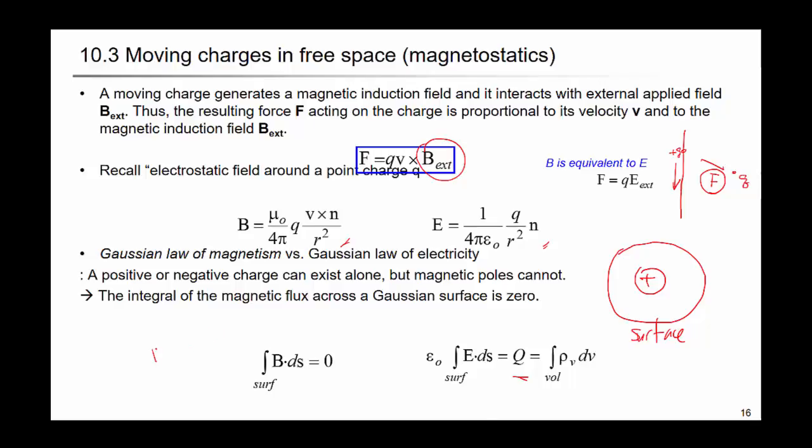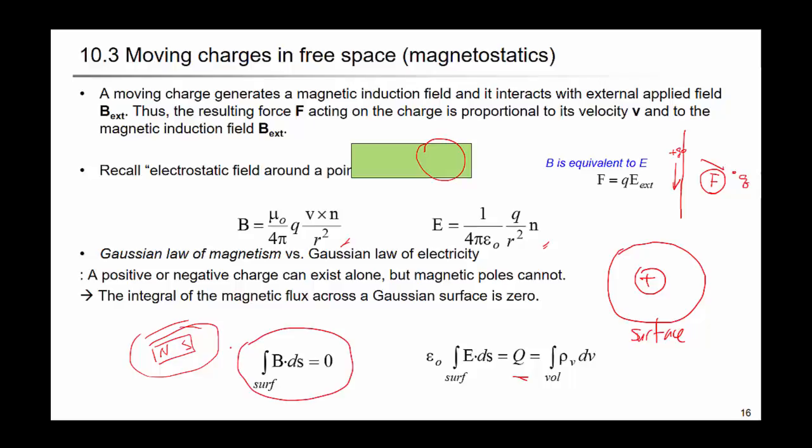You will always have the N and S together, so the net magnetic charge is compensated by this N and S, so the surface integral of this magnetic induction field will always be 0 when you draw a Gaussian surface. The difference here is you have a Q and you have the 0 value.